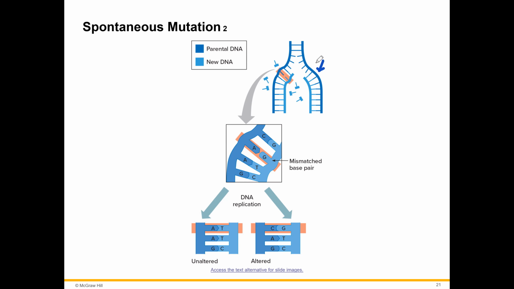So that means DNA needs to be replicated. So in this example, here's our parental DNA, and it has nucleotides C, A, and G. Remember, C pairs with G, and A is supposed to pair with T.